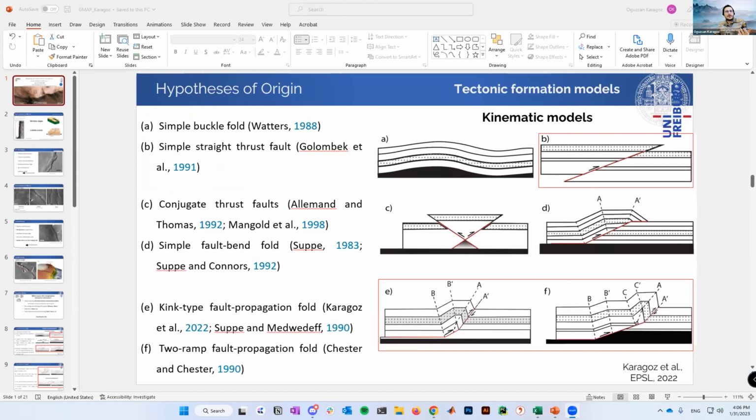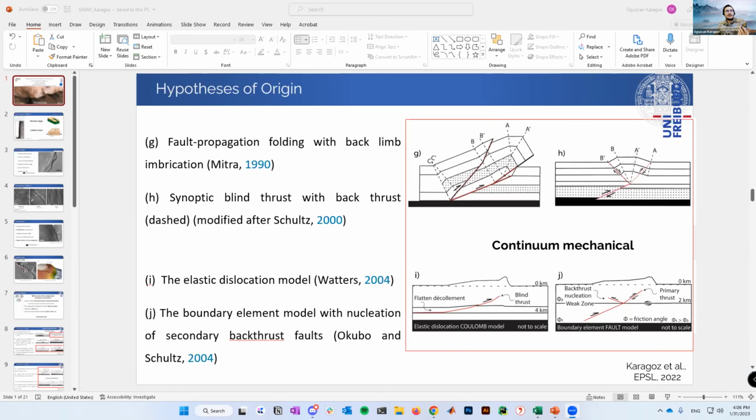There are fault propagation fold models, and also different fault propagation fold models with back thrust, and numerical models are also used to explain why they occur, and they try to adapt planetary information by using terrestrial analogs also.